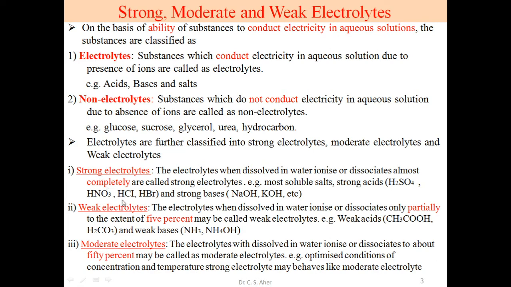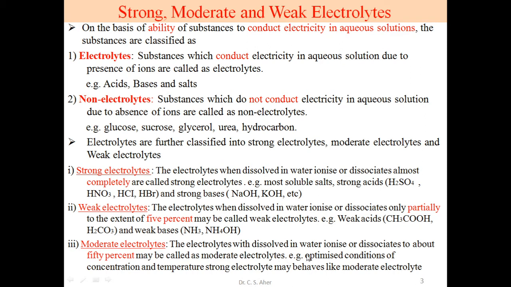In between these two we have the moderate electrolyte. An electrolyte which dissolves in water and ionizes or dissociates to near about 50% is called a moderate electrolyte.